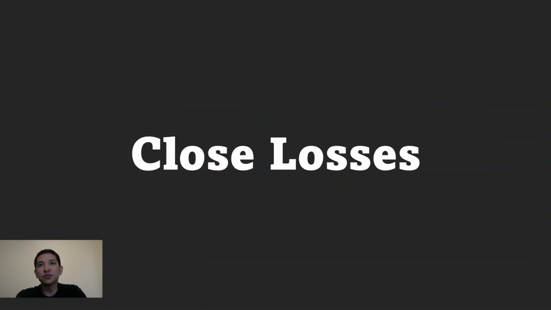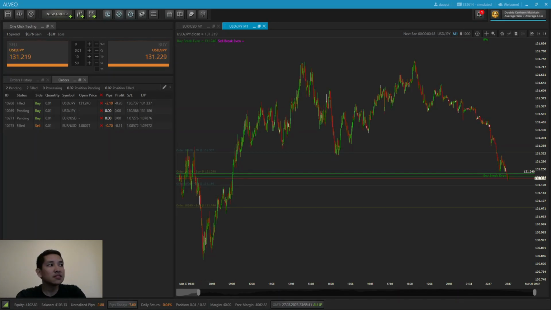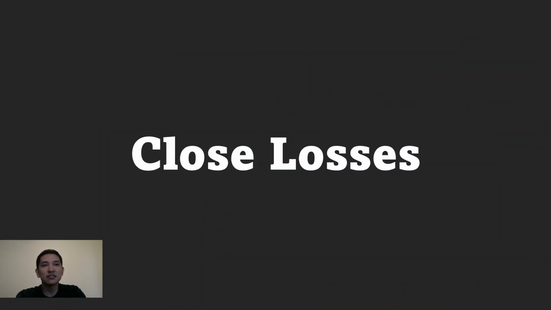Okay, next is we're going to close the losses. All right, so there's times when you want to be able to peel off just the losses and keep your winners.